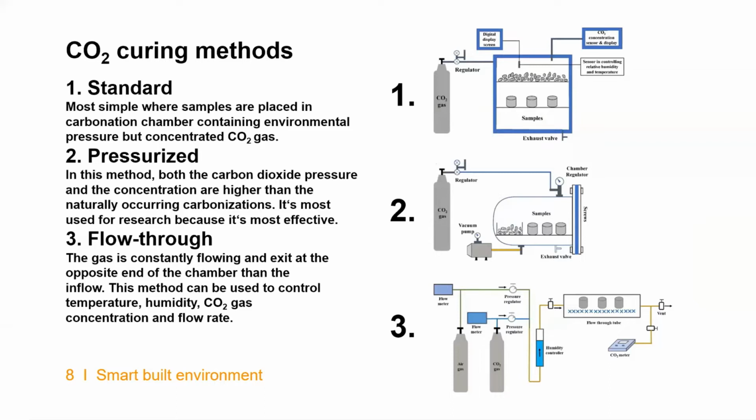In this method, both the carbon dioxide pressure and the concentration are higher than in natural curing carbonization. It's mostly used for research because it is the most effective. And the third method is flow through. The gas is constantly flowing and exits at the opposite end of the chamber from the inflow. This method can be used to control the temperature, humidity, carbon dioxide gas concentration, and flow rate.